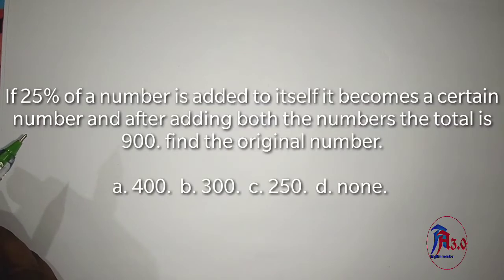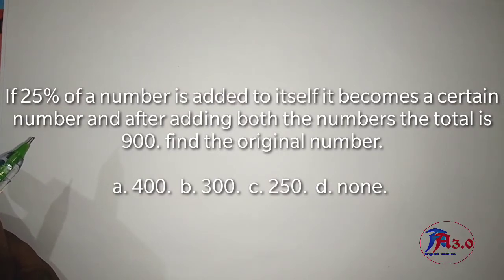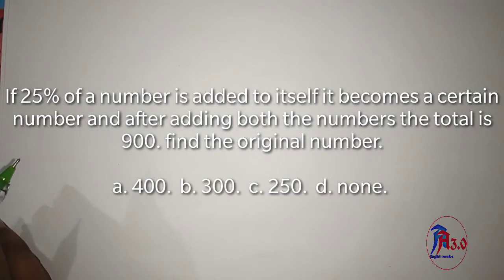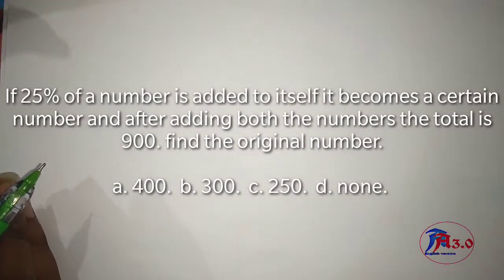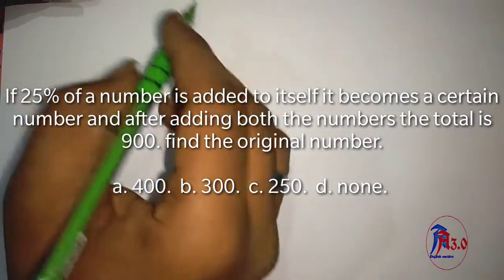So here, let us take another question, another example. If 25 percentage of a number is added to itself, it becomes a certain number, but after adding both the numbers, the total is 900. Find the original number. Let us see.